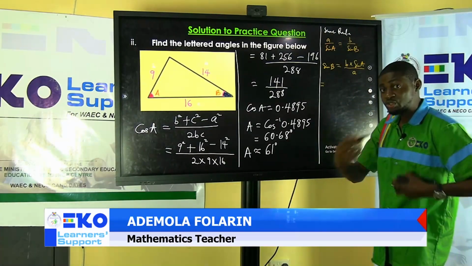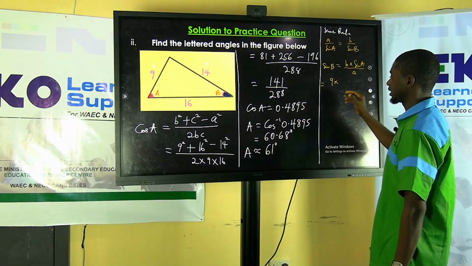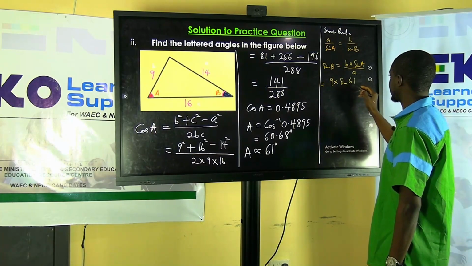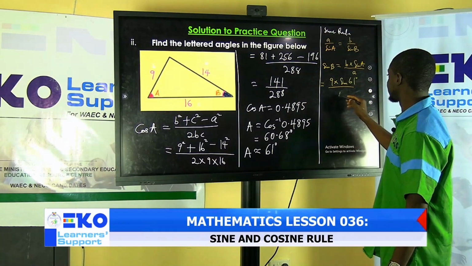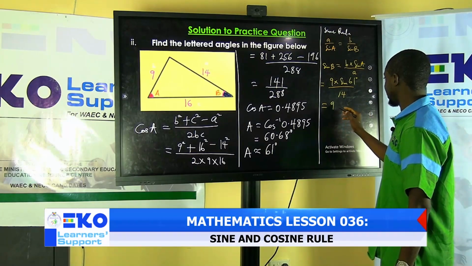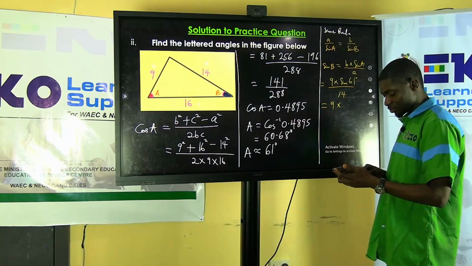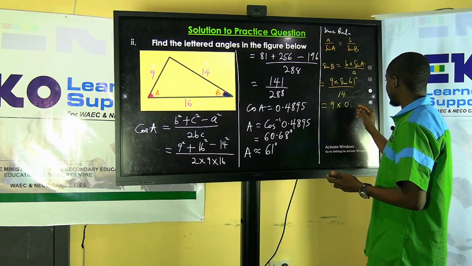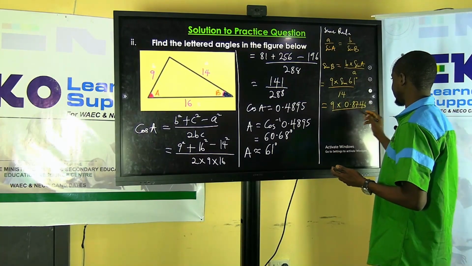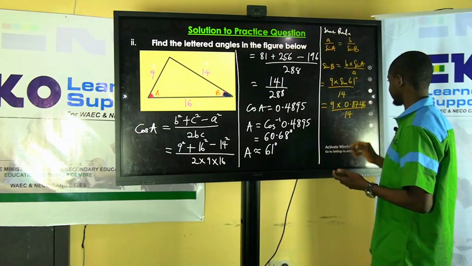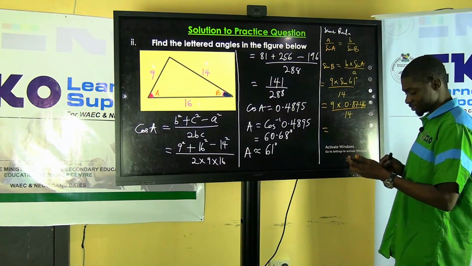Right. Are we together? B is 9 multiplied by sine 61 degrees divided by A, which is 14. So it becomes 9 times sine 61. Let me beckon on my calculator for that. 0.8746 divided by 14, times 9 divided by 14.